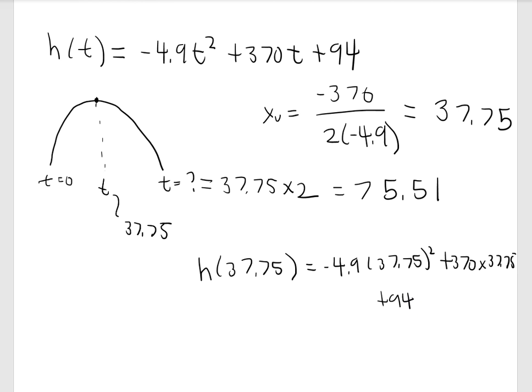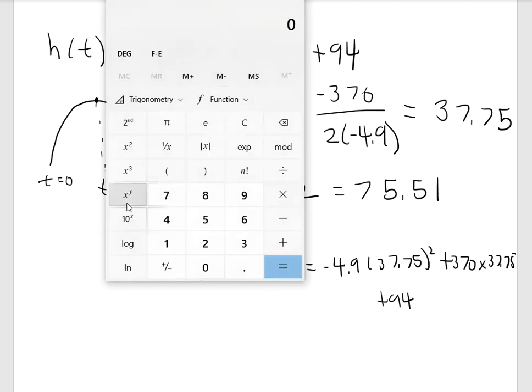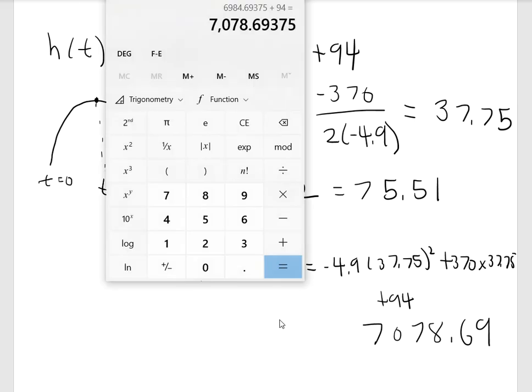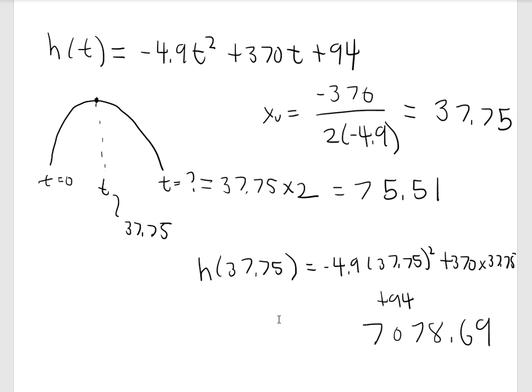So we can do that calculation on our calculator here. 37.75, and let's square that, times 4.9, and then change sign, and add that to 370 times 37.75. That gives me this, and then plus 94 gives me 7,078.69. Is that right? Yes. So that's where it's going to hit the peak.